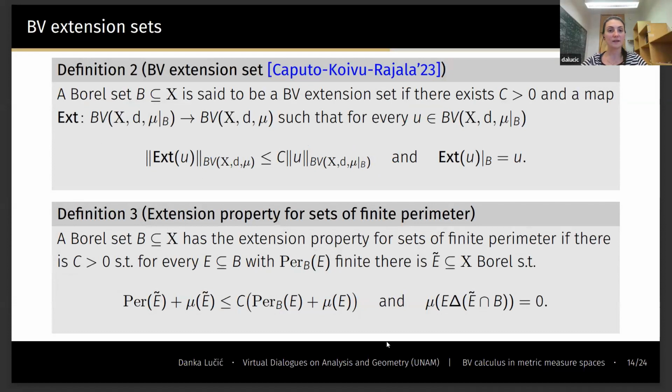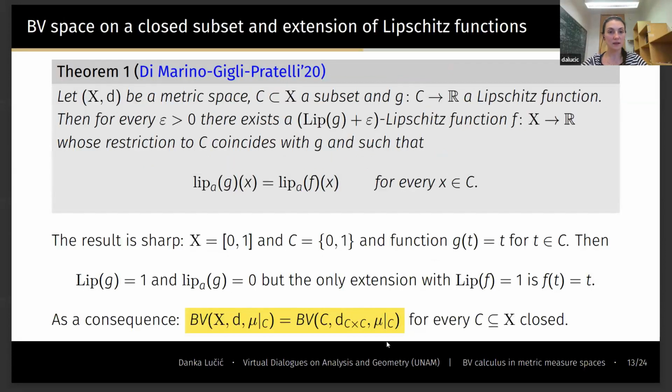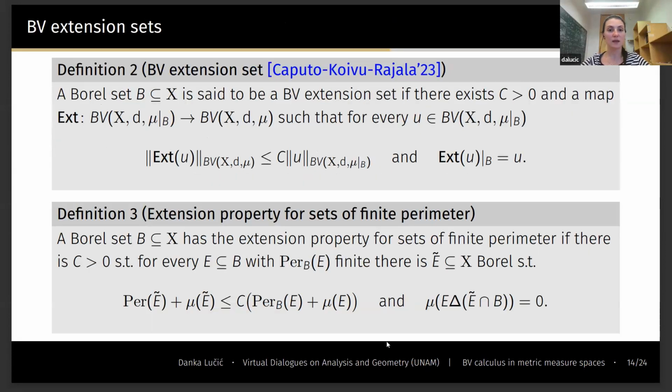And now, as I said, BV extension sets in this generality have been studied by Caputo, Koivu, and Rajala, and this definition of a BV extension set has been given in this recent paper.